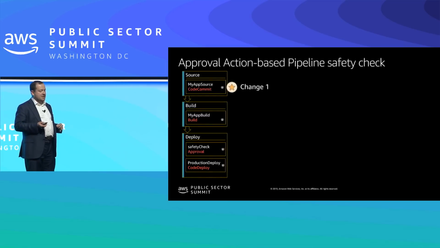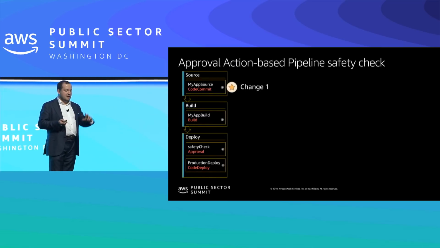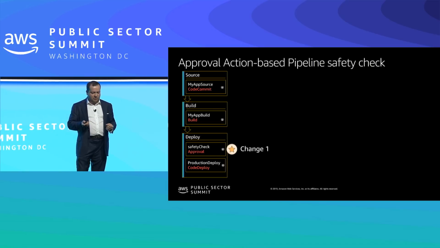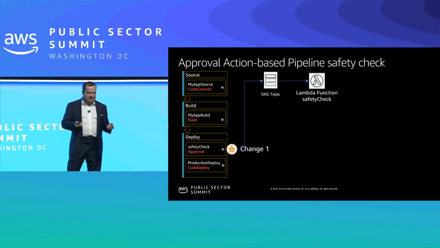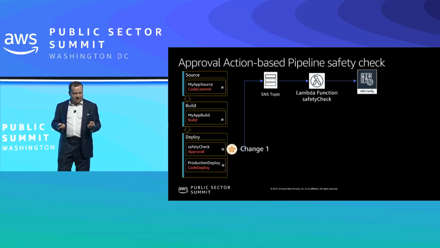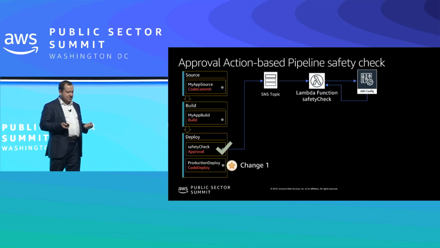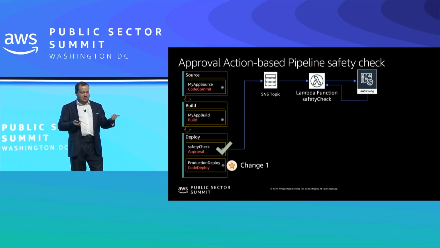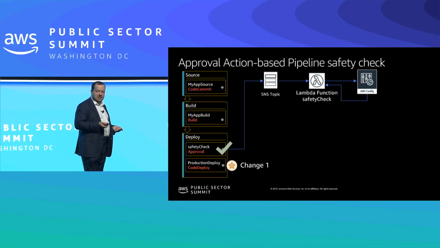So let's take a look first at the approval action-based pipeline safety check. We've got our pipeline, and it eventually hits this manual approval process. That goes to an SNS topic, which triggers this Lambda function, which is a safety check. That's going to look at AWS Config and check if the pipeline is compliant or not. And if it is, it'll pass the check and approve the change to production.